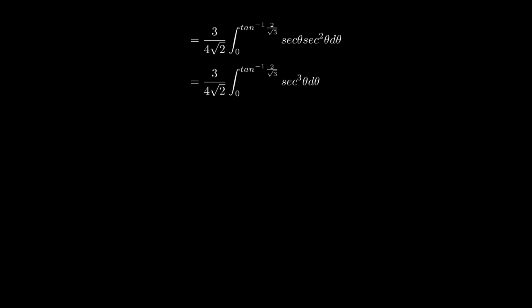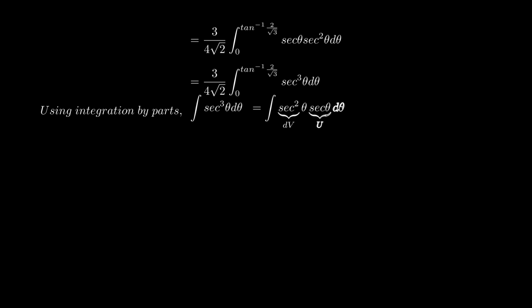So the way we can integrate sec cube theta is by splitting it into two parts and using integration by parts, where now we can equate sec squared theta to dv and sec theta to u.